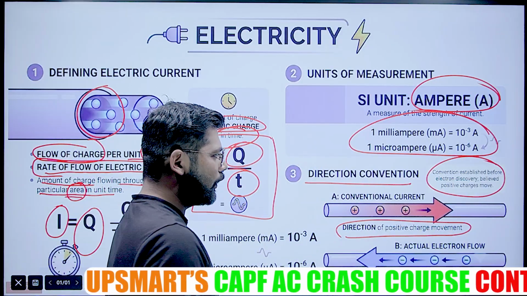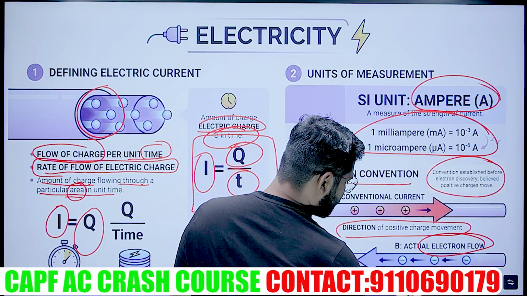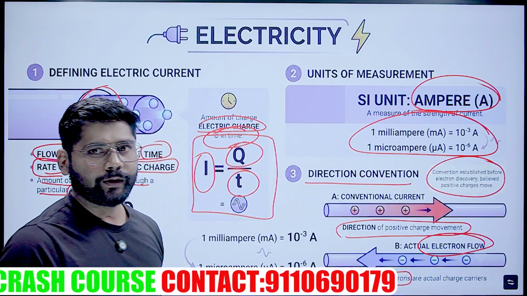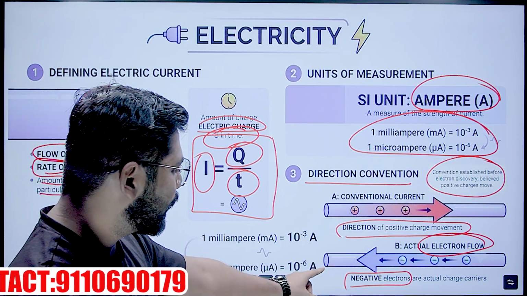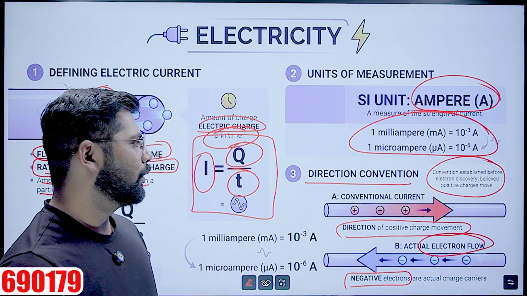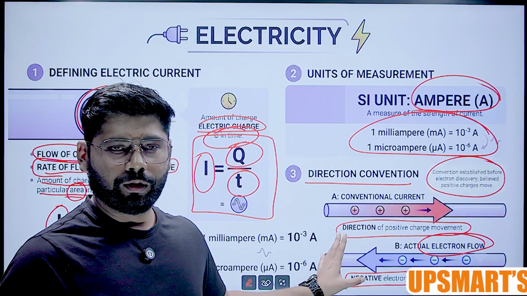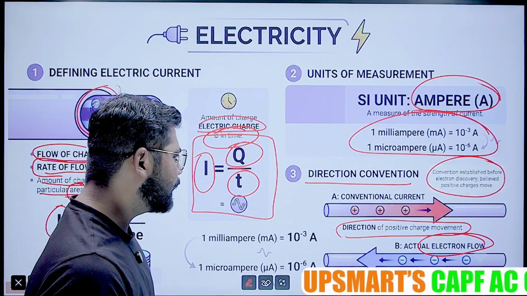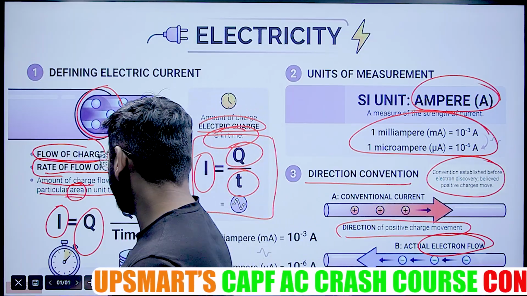But what is the actual electric flow? It is the negative electrons. Previously we considered that positive charges move, but in reality it is negative electrons that flow. They are the actual carriers of the current. So this is the basics of electricity.